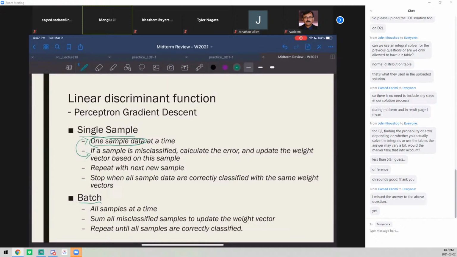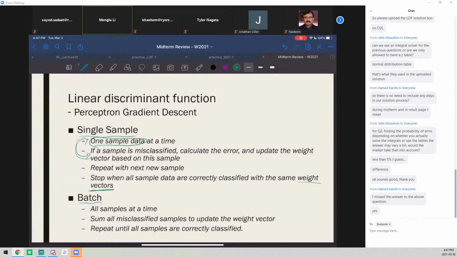So for each sample, we repeat these two steps and stop when all sample data are correctly classified with the same weight vector. So we got the final weight vector, and then apply it on each single sample once and see all the samples are correctly classified, then we are done.